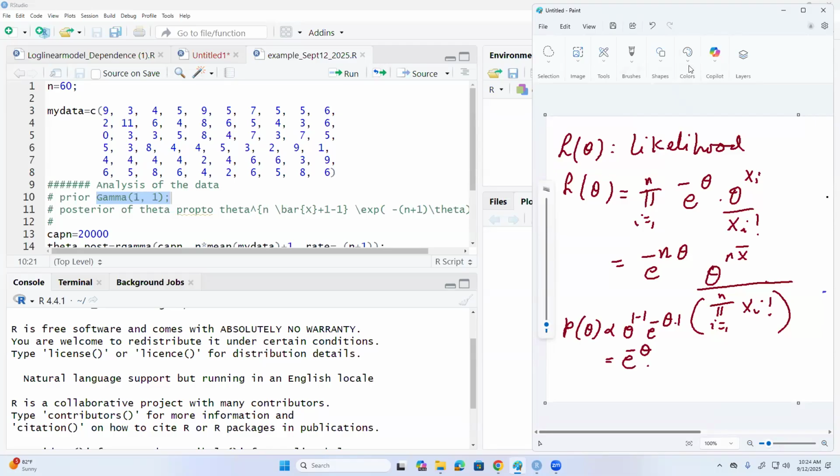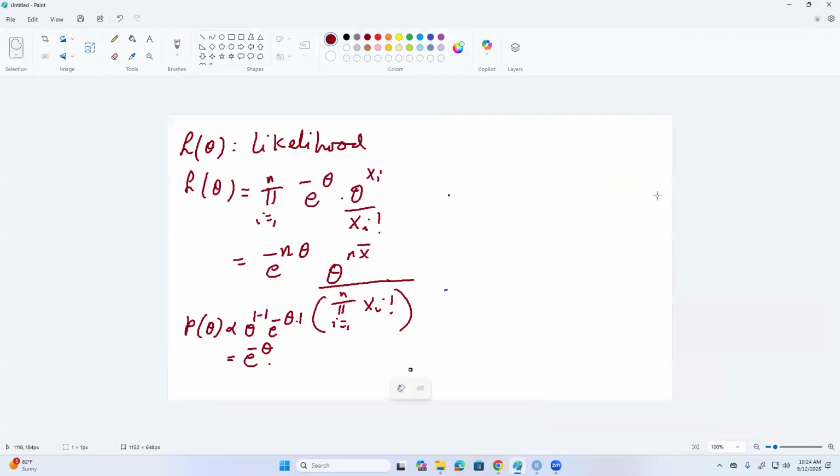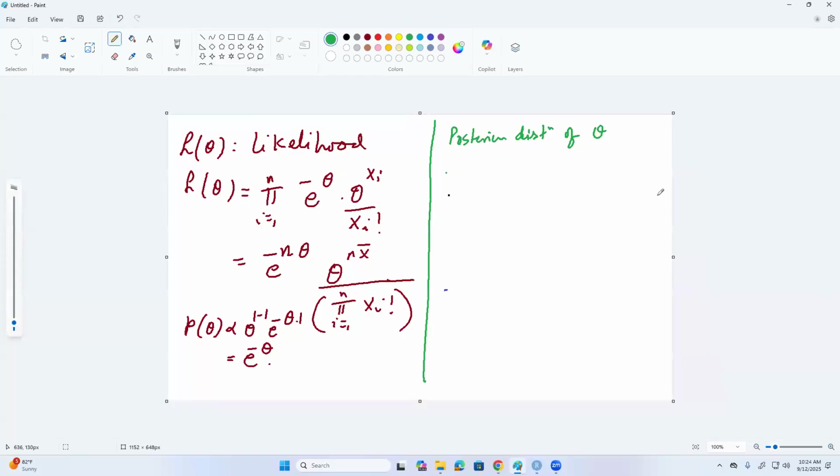So the posterior of theta is, I'm just using the notation pi to denote the posterior density function.